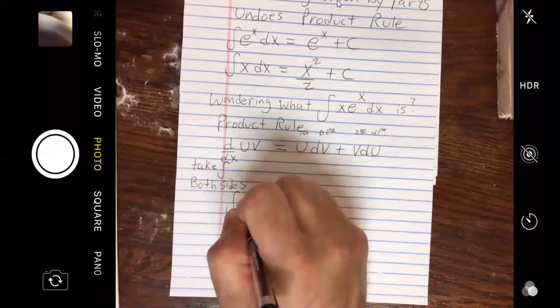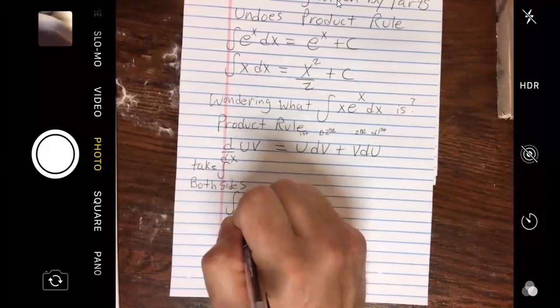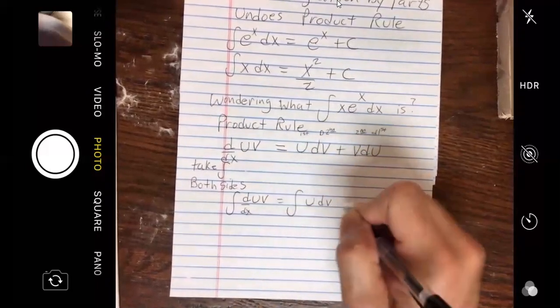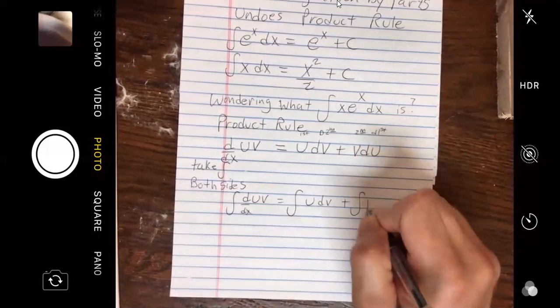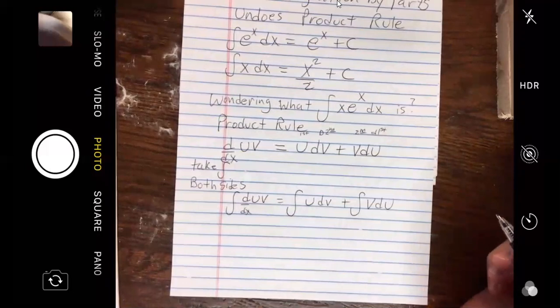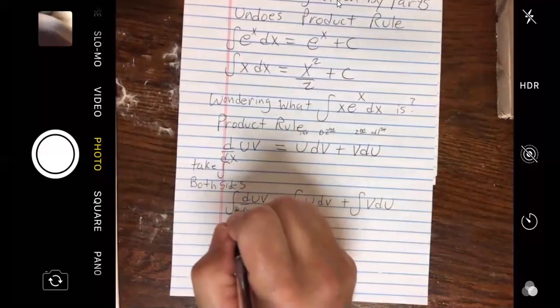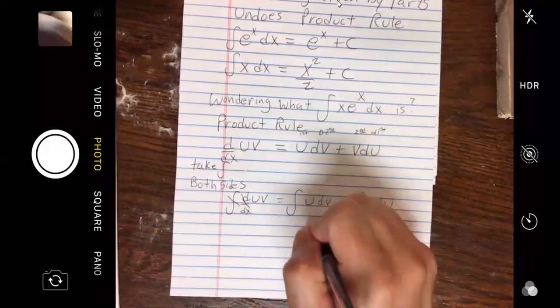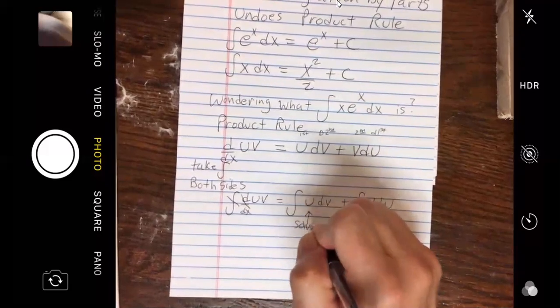So the integral of d(uv) dx equals the integral of u dv plus the integral of v du. This side undoes, and we're going to solve for this.